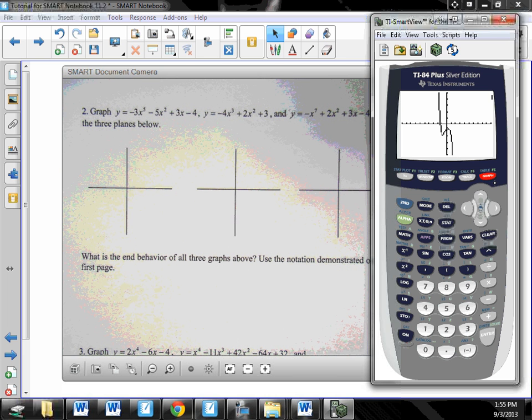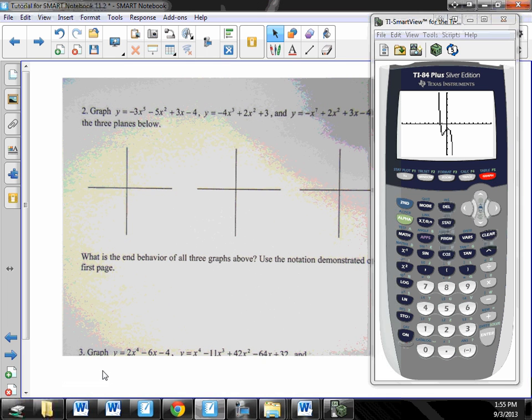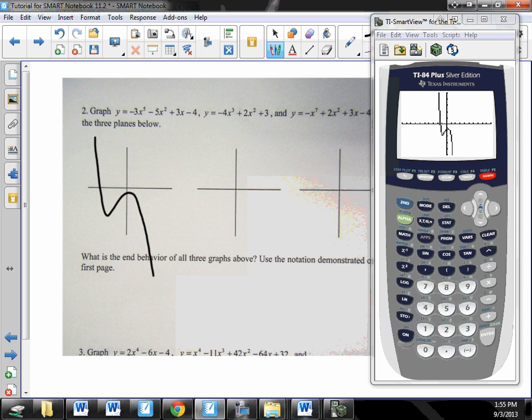So if I were to draw this one, and I were to look at the limit as x approaches infinity, and these get kind of long, so go ahead and just name these. I'll call this one f of x, I'll call this one g of x, and h of x.